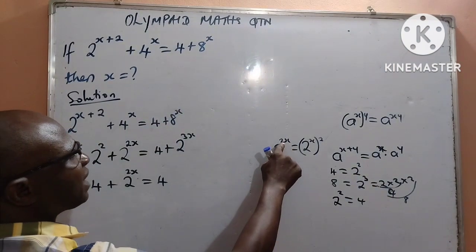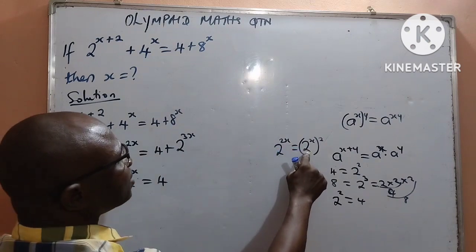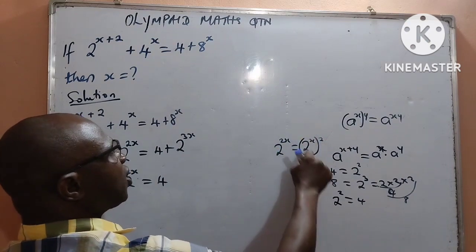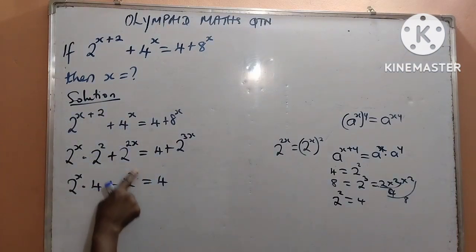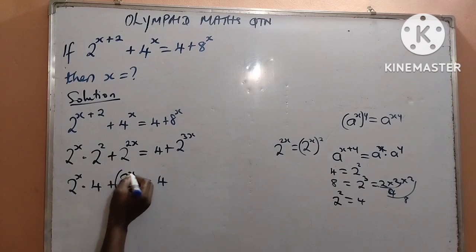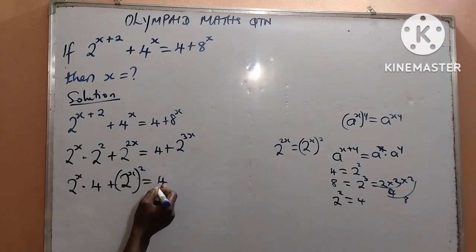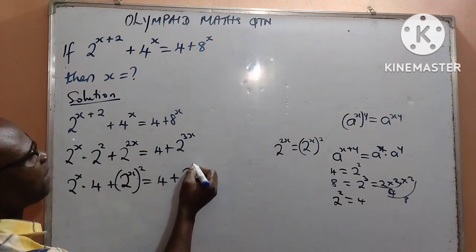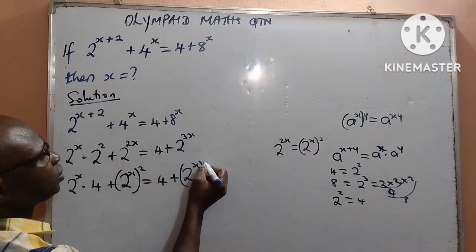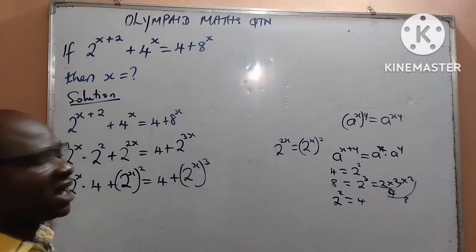Therefore, 2 to the power 2x can be written as 2 to the power x, in bracket, then to the power 2. So I will write that here to get 2 to the power x, all to the power 2, equal to 4. Then plus, the same thing will happen here: 2 to the power x, all to the power 3. That is what I have now.